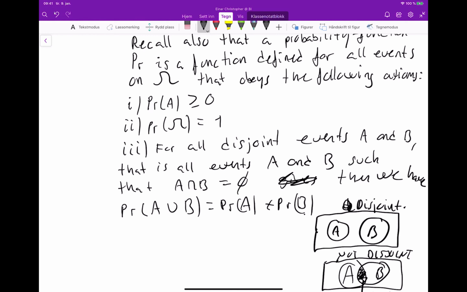Probability of A or B or union B is equal to the probability of each one of the events in the union.